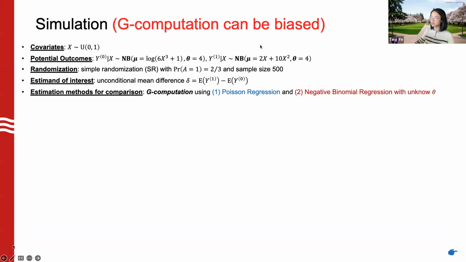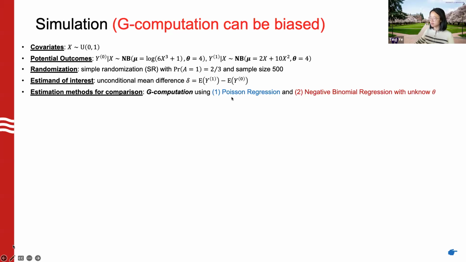In this case, I just do a simple simulation with potential outcomes being counts. They are generated from the negative binomial distribution with the same dispersion parameters. And then we do simple randomization with unequal randomization ratio, and the parameter of interest is the average treatment effect.